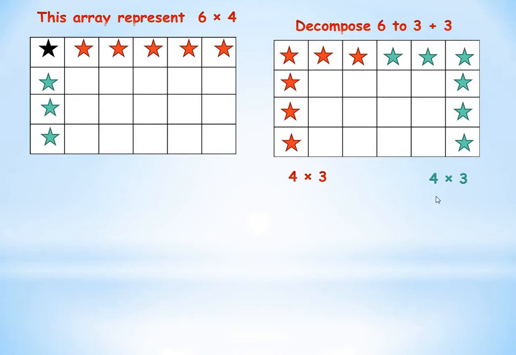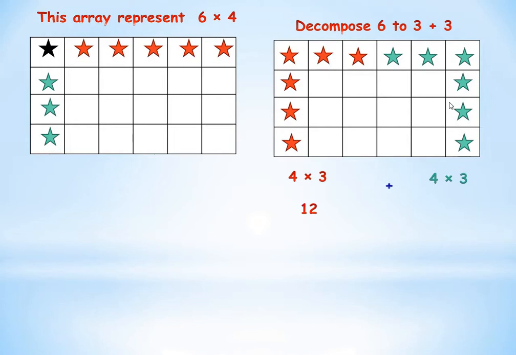How can you get the area of this array? We will get the first part as 4 times 3 and the second part 4 times 3, and add these parts together. The first part, 4 times 3, is equal to what?